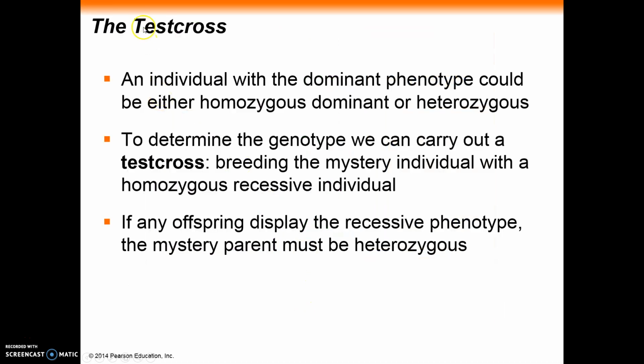So an individual with a dominant phenotype could be homozygous or heterozygote. What we can do is breed that mystery individual with the homozygote recessive, and that is what we call a test cross. If the offspring display the recessive phenotype, then the parent must be heterozygote.